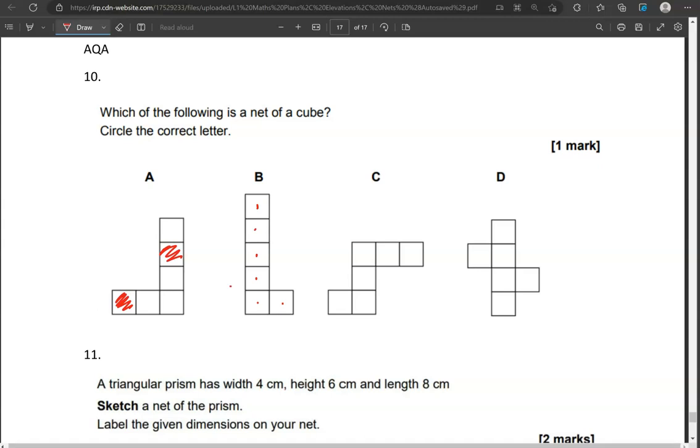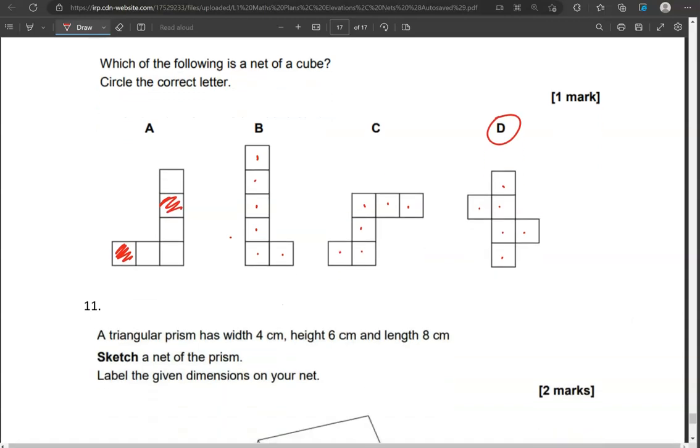Looking at C, we have 1, 2, 3, 4, 5, 6 squares again, but there is overlapping in here. Looking at D, it has 1, 2, 3, 4, 5, 6, 4 lined up and 2 on the sides, so D is the correct one.